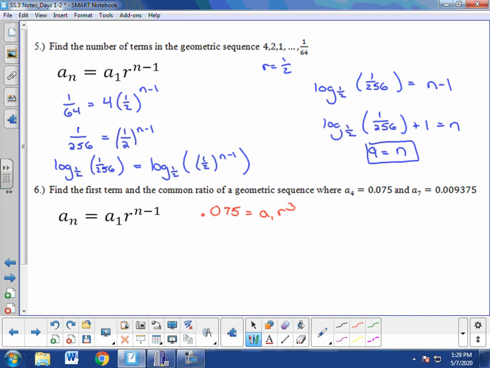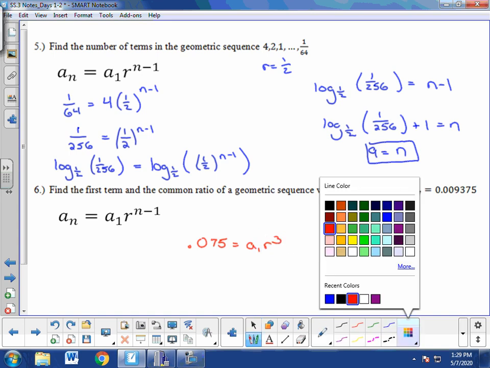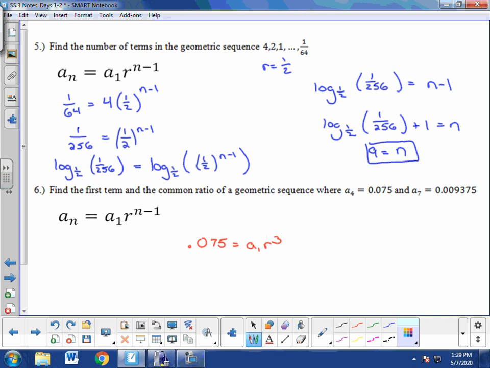Now, this equation does not allow me to solve for a or r. Sorry, I'm going to move this down a little bit. It gives me two variables, so I cannot solve for either. What I can do is create a second equation using this information. For the seventh term, the value of the term is 0.009375.